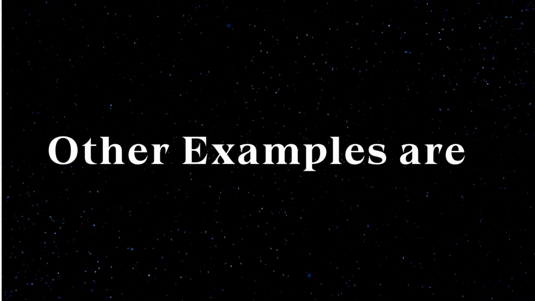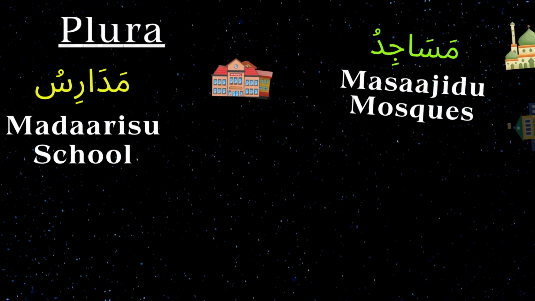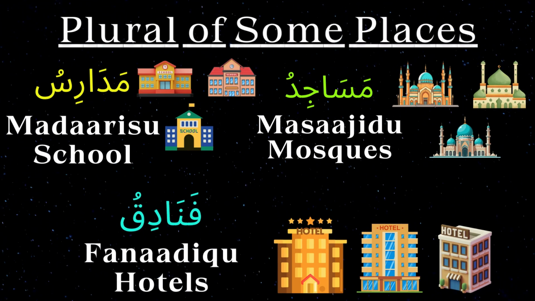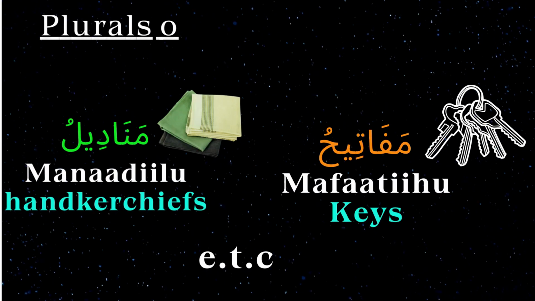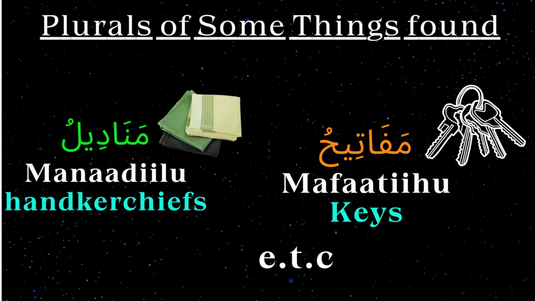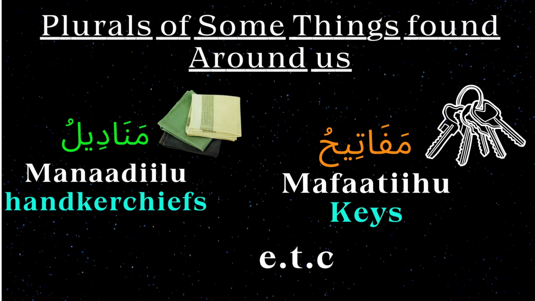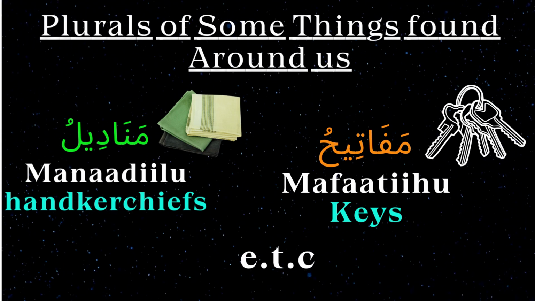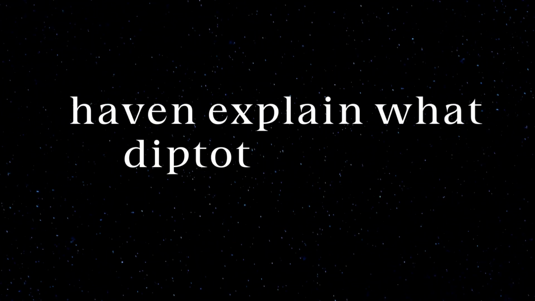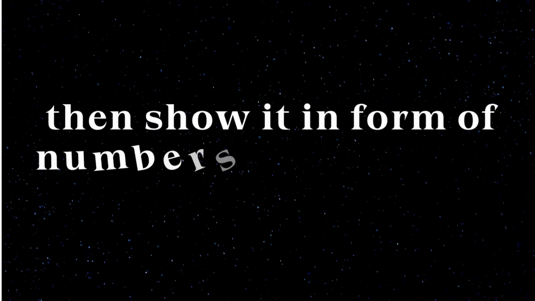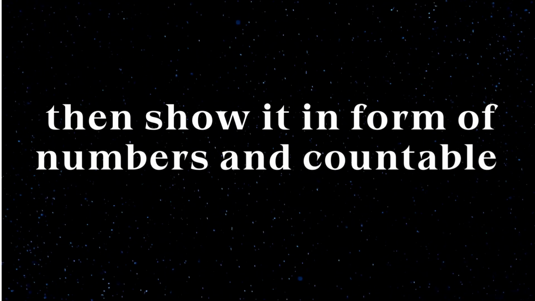Another example is plurals of some places, which are Masajidu, Madarisu, Fanadiku. Also plurals of some things in our surroundings, Mafatihu, Manadilu, etc.